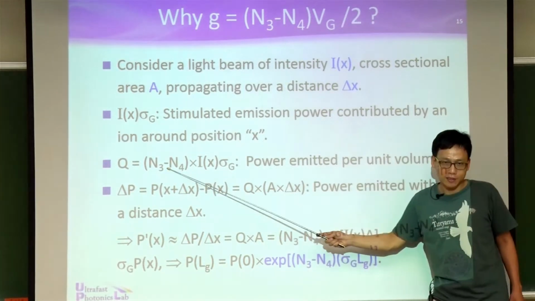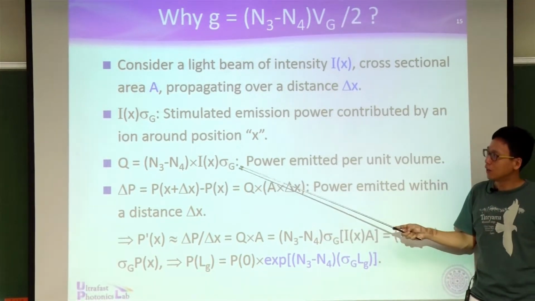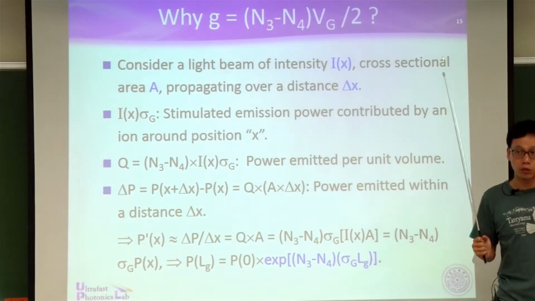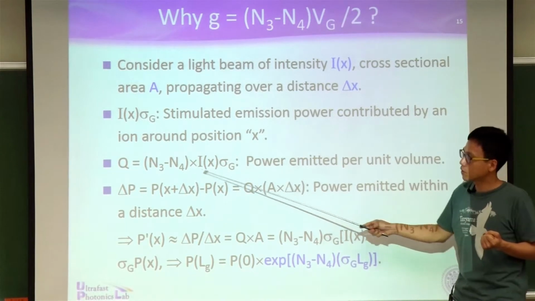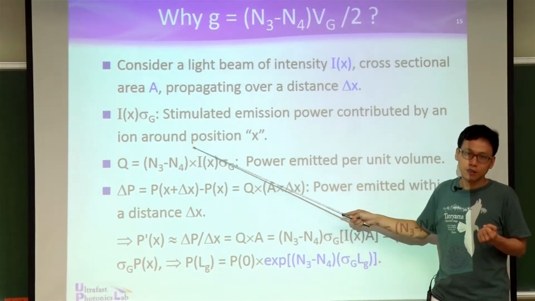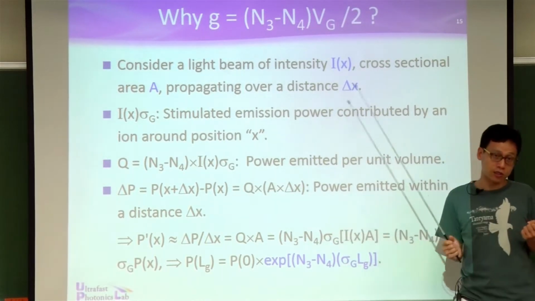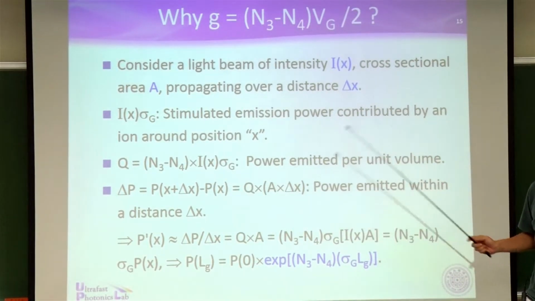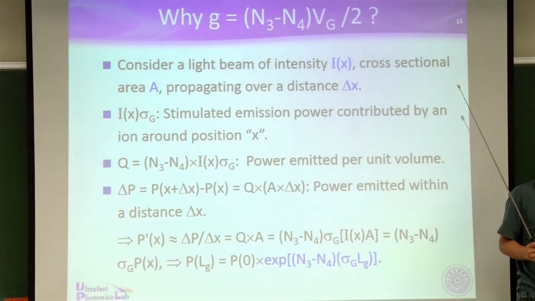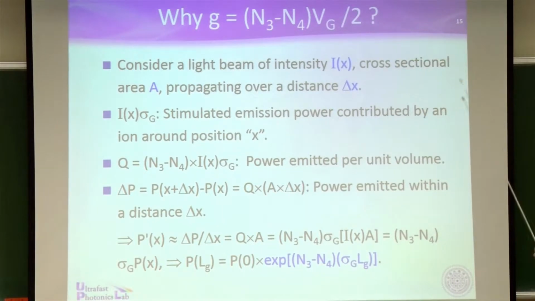And what is the meaning? This is the stimulated emission power contributed by one ion, and you multiply it by the number density. Number density means how many ions per unit volume. One ion's contribution times ions per unit volume gives what? Power per unit volume, right? So the power emitted per unit volume is Q.